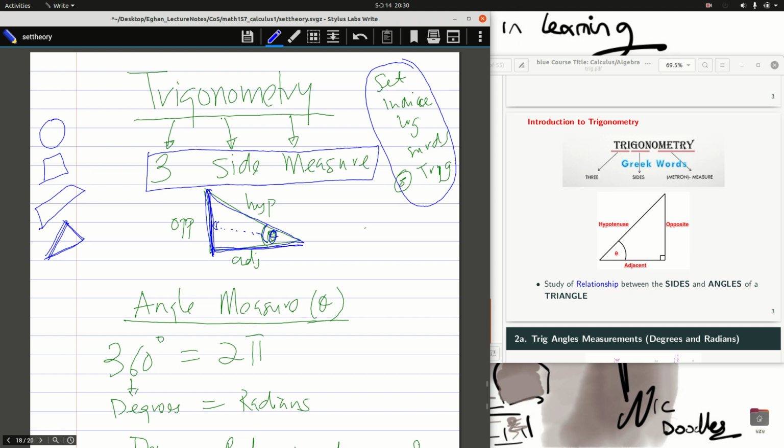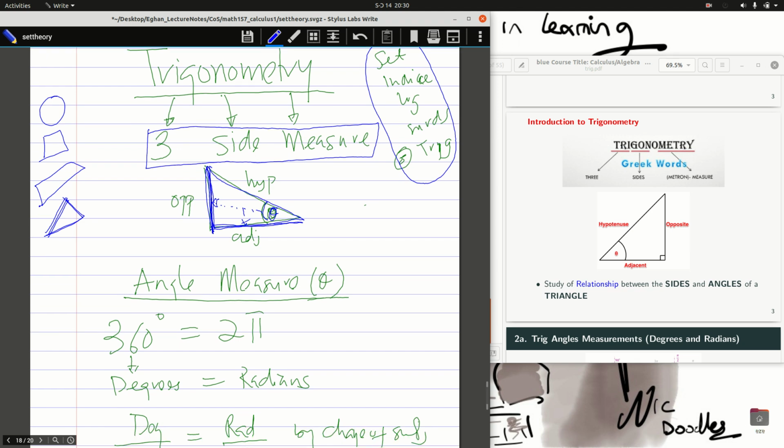So always take the opposite as where the angle is being tilted to, and then its other side becomes the adjacent. I hope that is well understood.